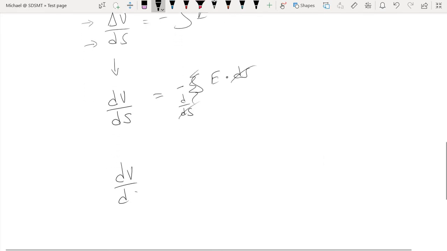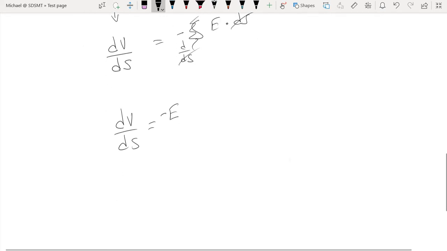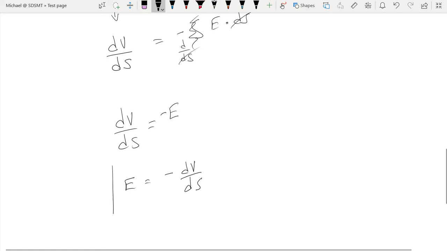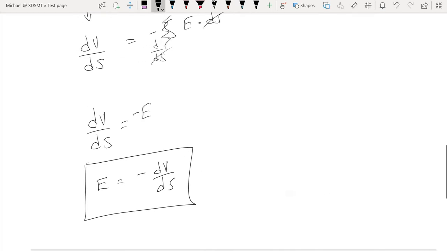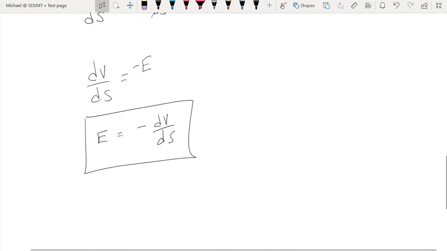And what we have left here is a fairly straightforward expression for electric field. Now I'm going to bring the minus sign over to the other side, and that's our expression. That's how we're going to find the electric field in this system.